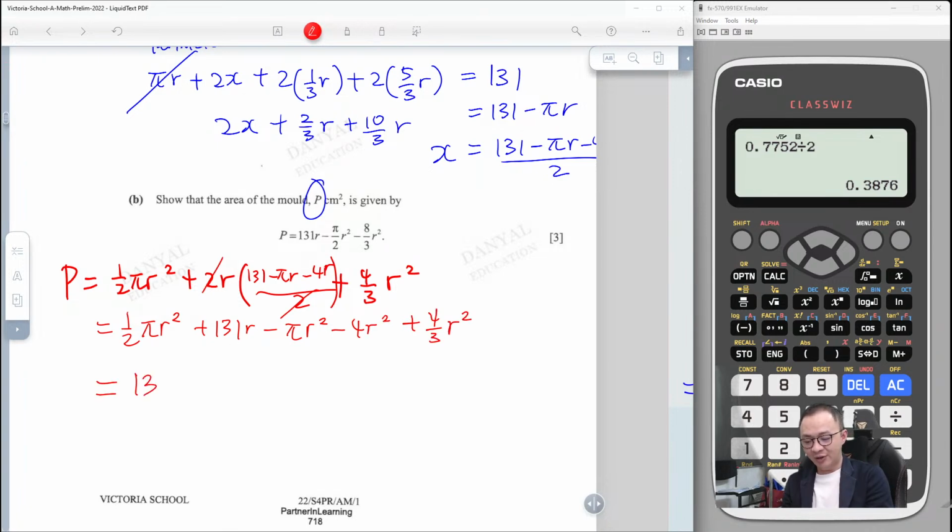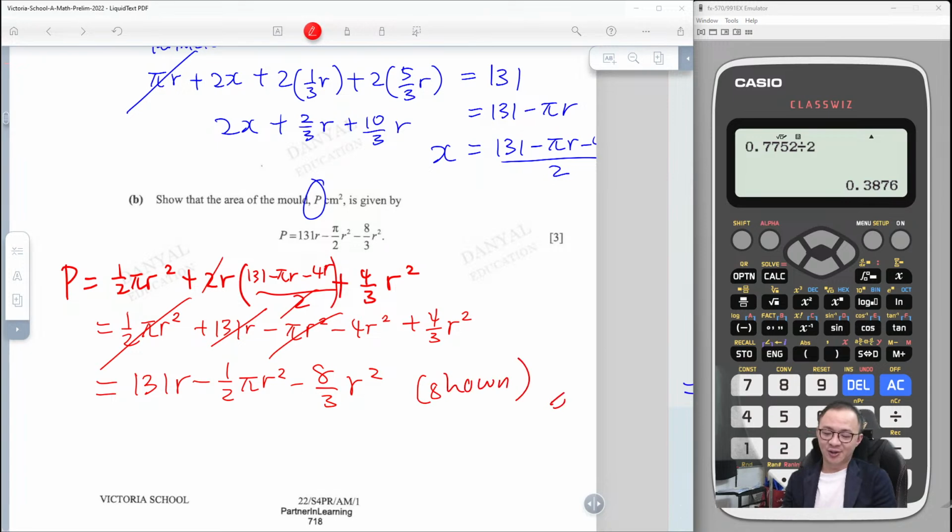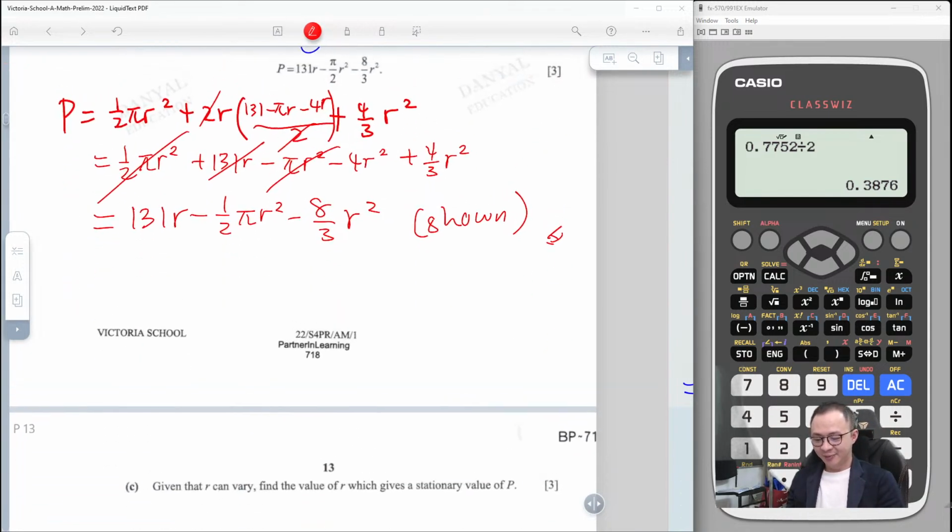Okay, so I have 131r as the first term, done. Half pi r squared minus pi r squared, I still have negative half pi r squared. Negative 4 plus 4 over 3 is negative 8 over 3r squared. Just do it carefully, and we can get the answer.